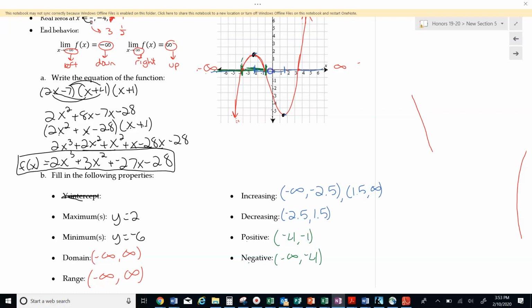And then from negative 1 to 3.5, or we know it is negative 1 to 7/2, either one, it's below. And then from 7/2 to infinity, it's above.